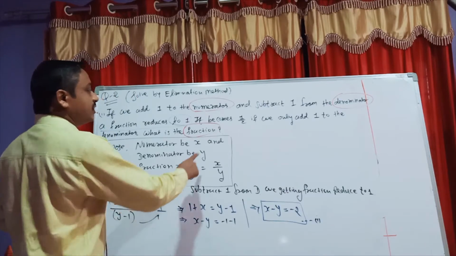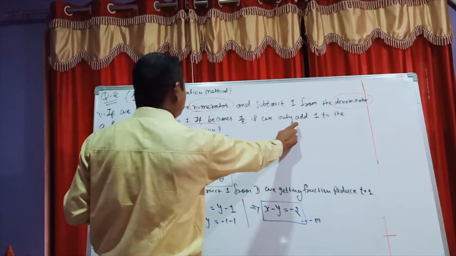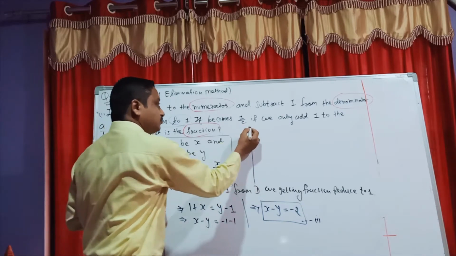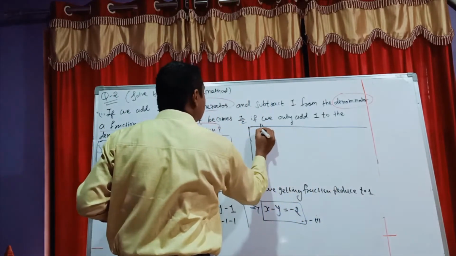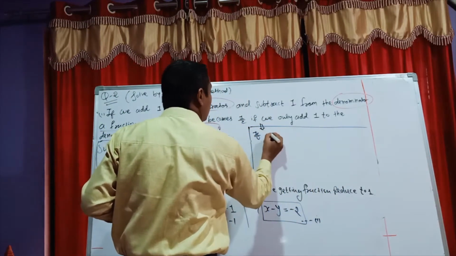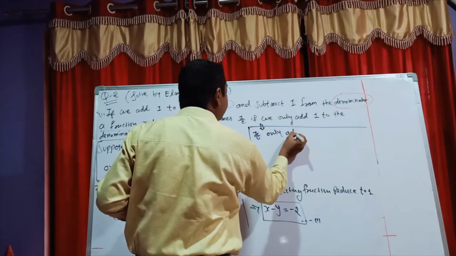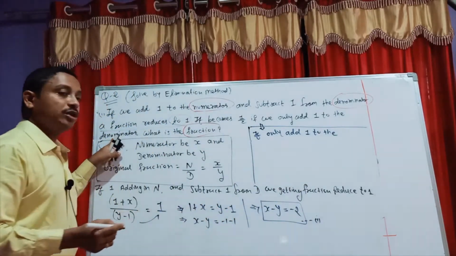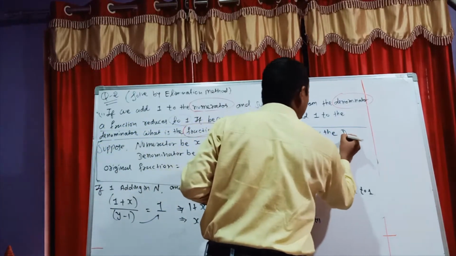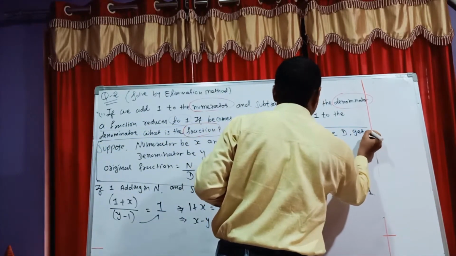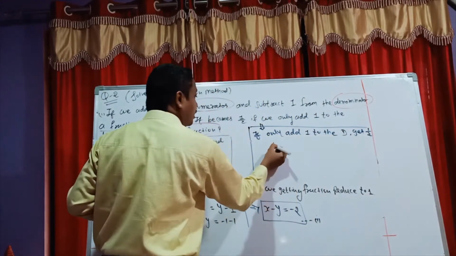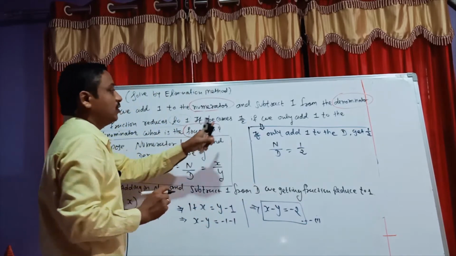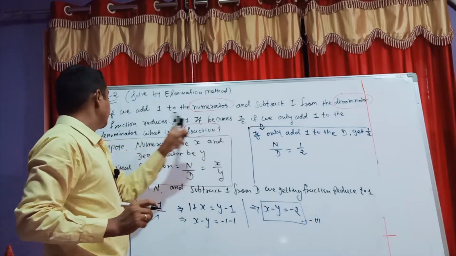Now after that the equation is made. Now read the second condition. It becomes half if we only add 1 to the denominator. So my second part is that if we only add 1 to the where? To the denominator, we get half. So numerator by denominator is a half, but what are you getting? 1 added in the denominator.